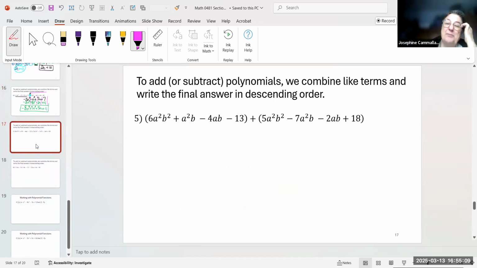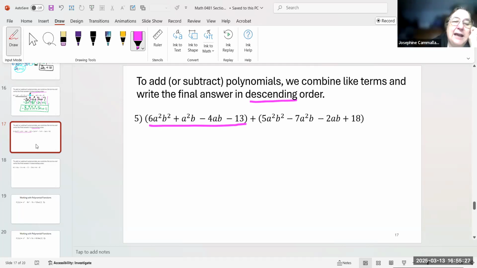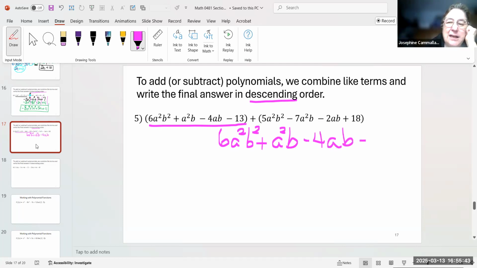Now, this one. This has A's and B's. Well, again, I have to write it in descending order. So I'm going to take this term and I'm going to write 6a squared b squared plus a squared b minus 4ab here.